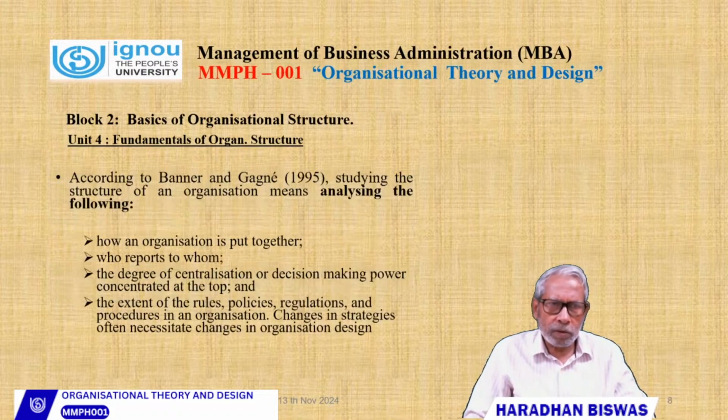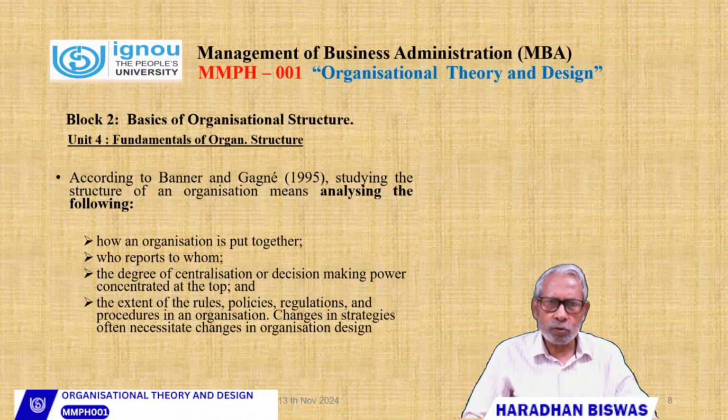Now, according to Barnard and Gage, 1995, studying the structure of the organization means they are analyzing some of the following parts. Number one, how the organization is put together. How to put together the organization, that is the one. Then who reports to whom?